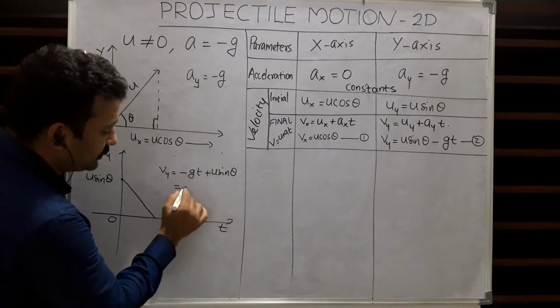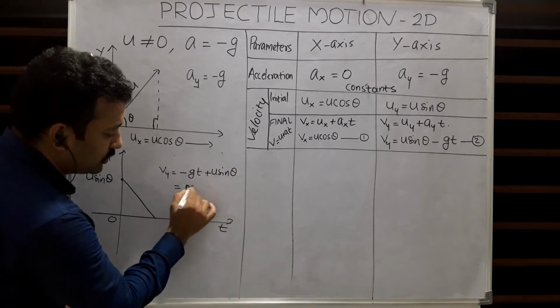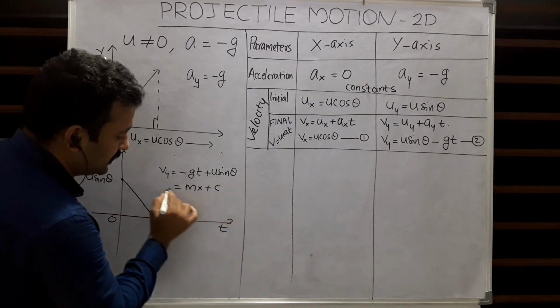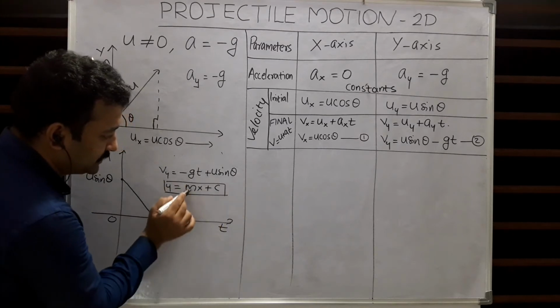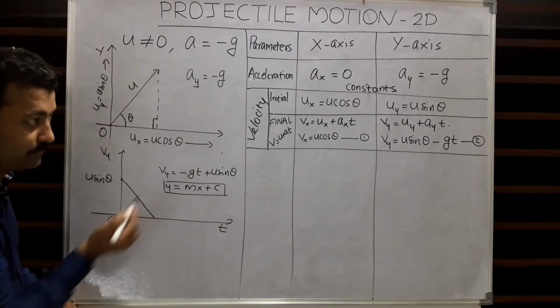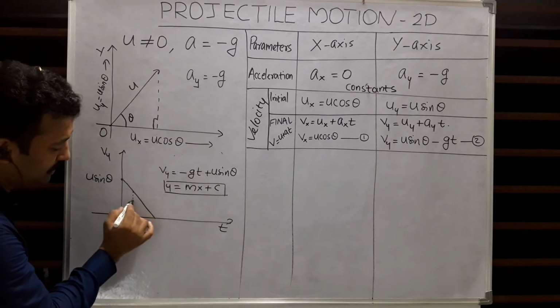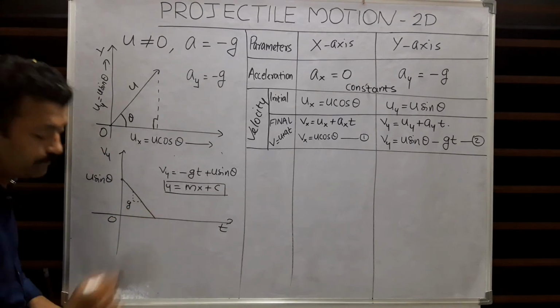This is similar to our y equal to mx plus c relation for a straight line. Here m is negative, so the slope is negative, and the magnitude of the slope is g.